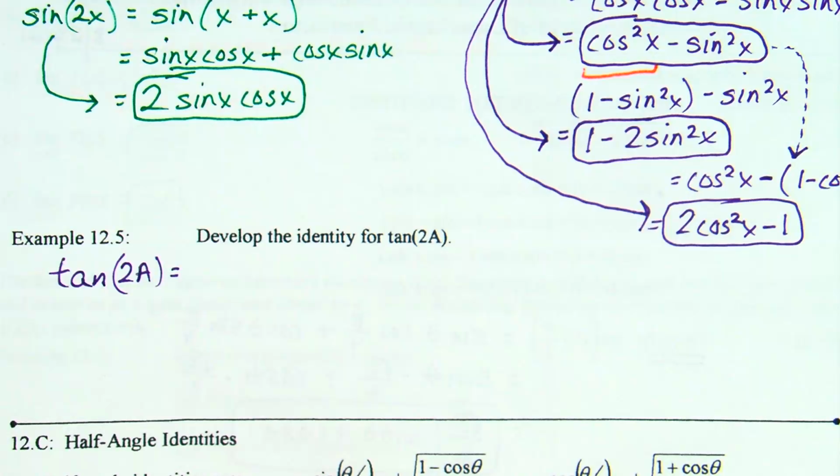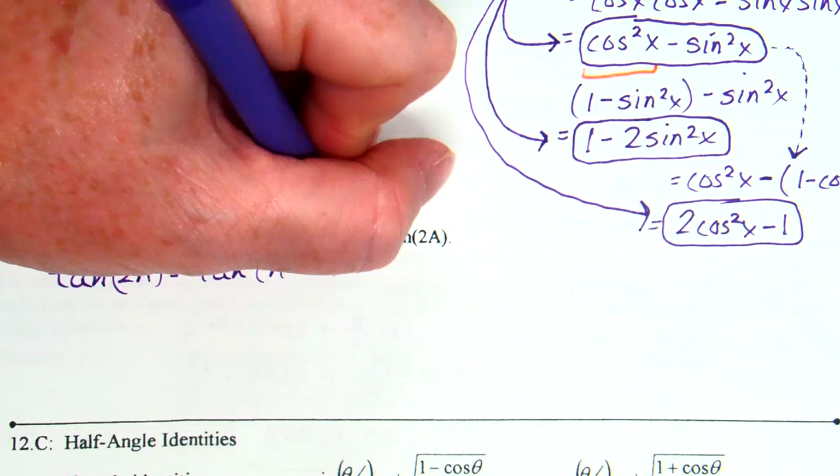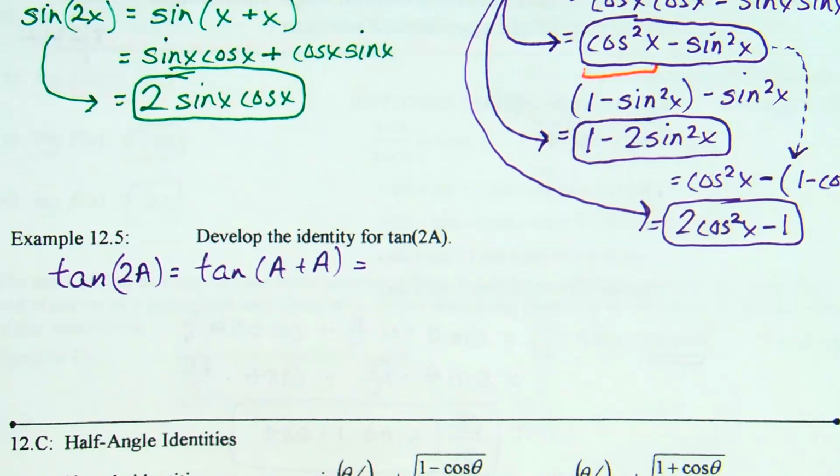Tangent of 2a. What do you know about 2a? It's a plus a. So tangent of a plus a. Do we have an identity that can help us with tangent of a plus a? We could, but I think that'd be more complicated.